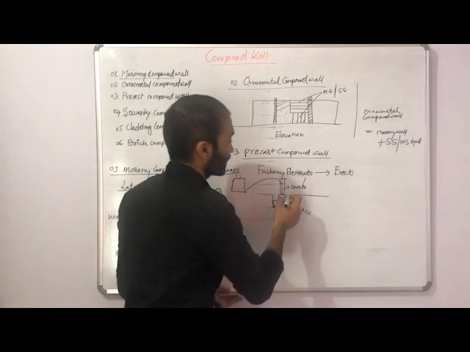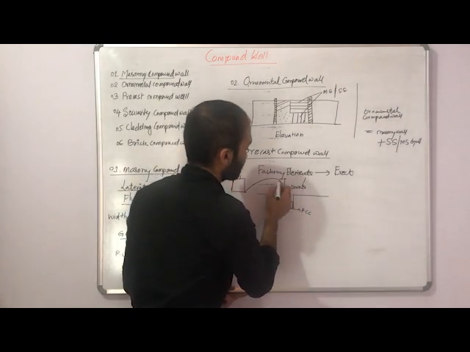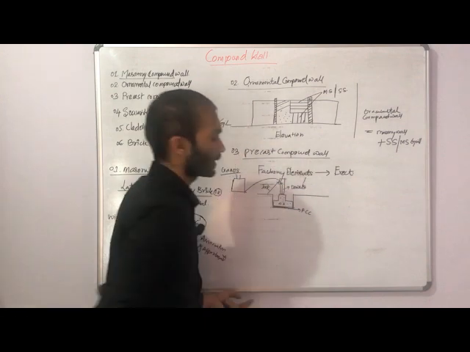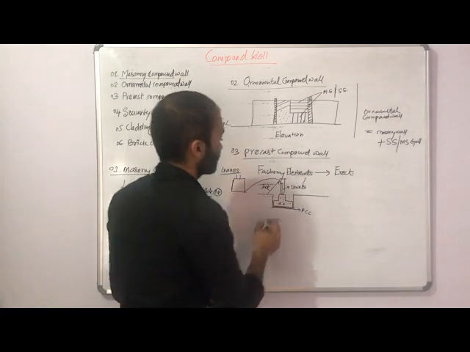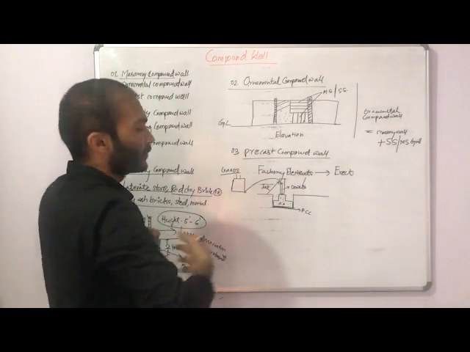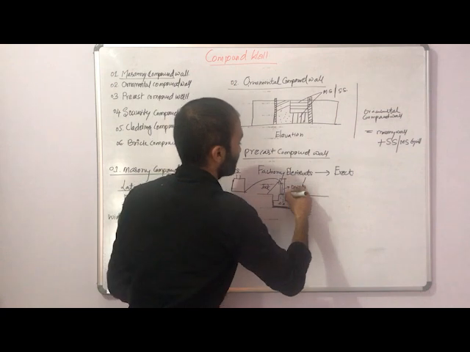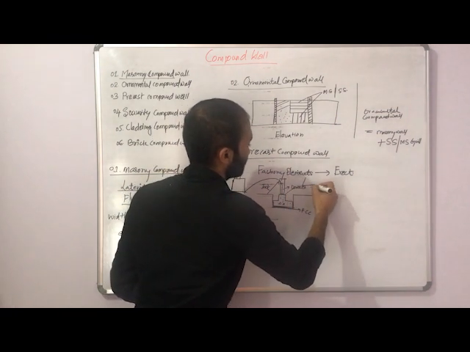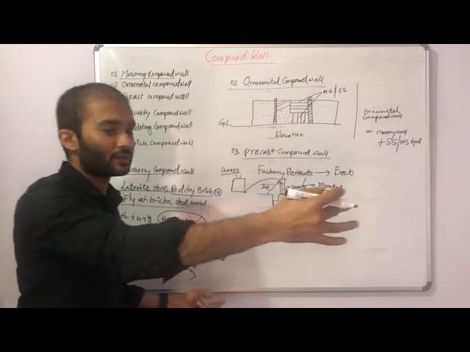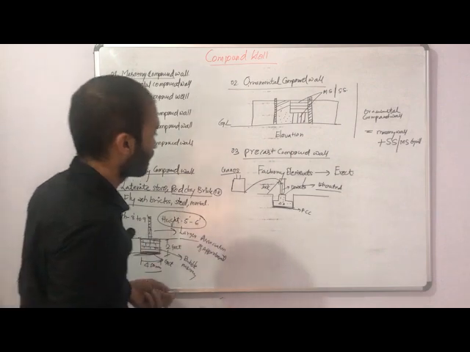Once the erection is completed, we need to give temporary supports by means of jacks, correct? Typically around 10 elements are erected in the same line of a series of compound wall.